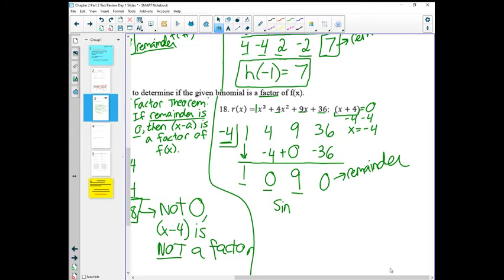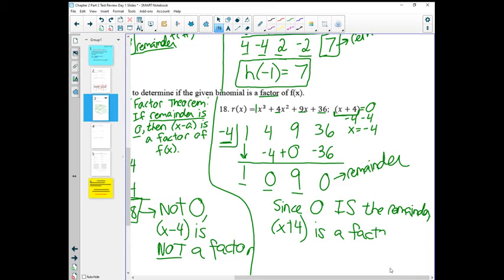So since 0 is the remainder, x plus 4 divides perfectly into the polynomial. That means it is a factor of r of x.